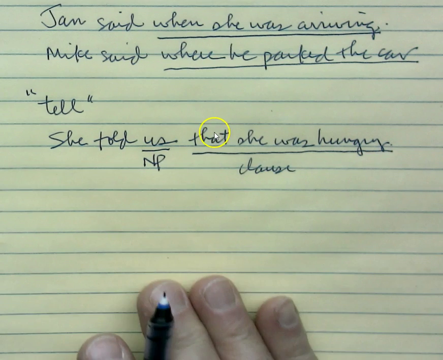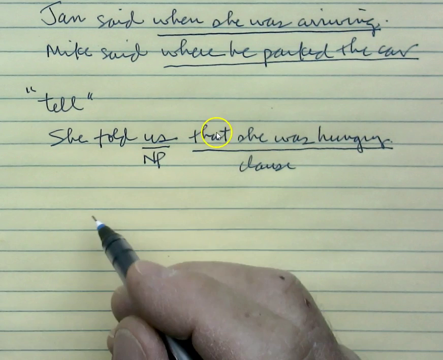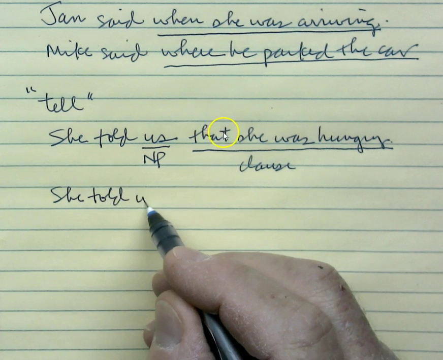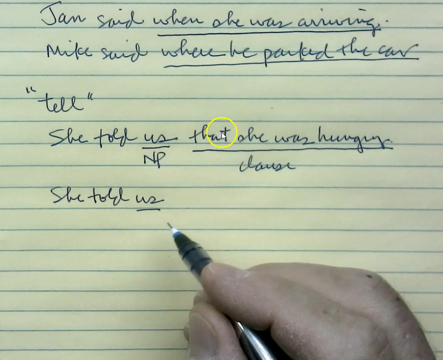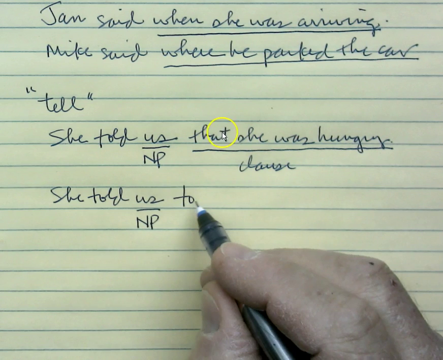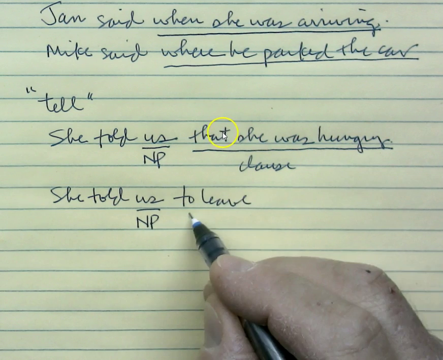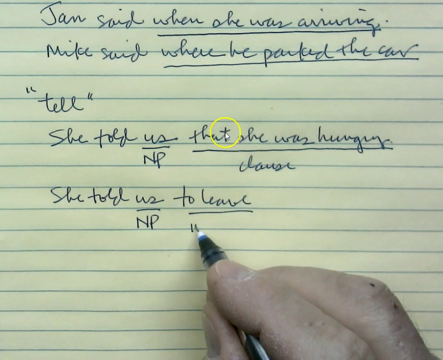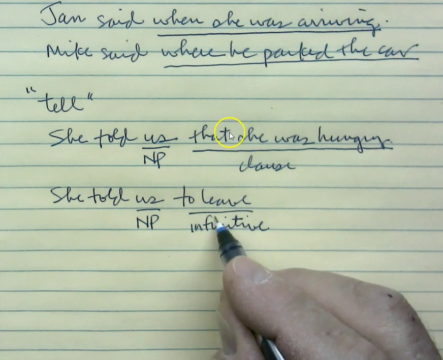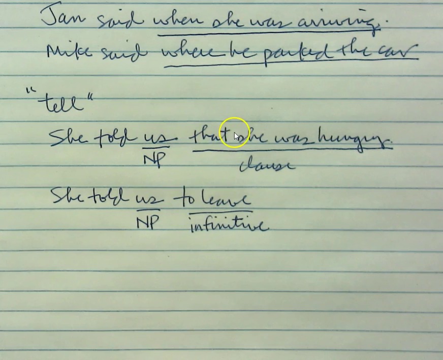Now also we can use something like she told us to leave. Us is another noun phrase, and to leave is what we call an infinitive.